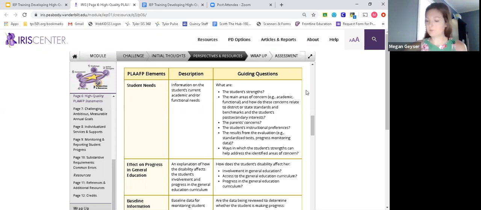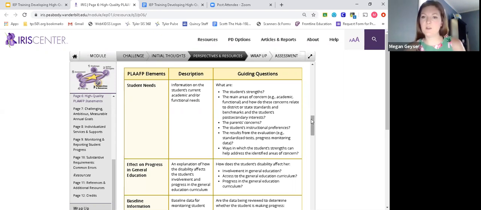So I'm going to let you guys on your own just read through the chart here and look at each of the components. We'll do this maybe like 5 minutes to give you a chance to do that.